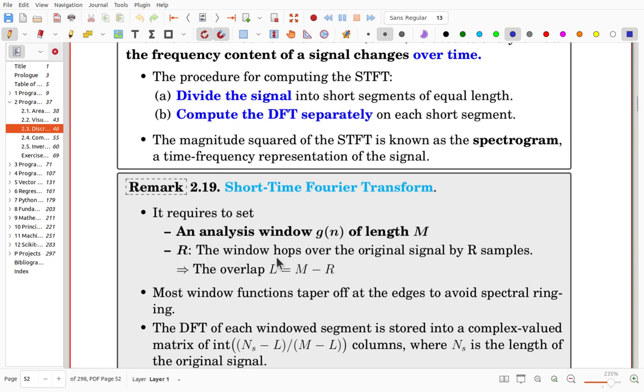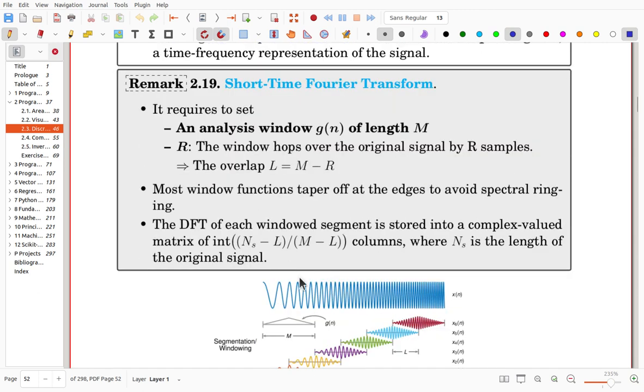The window hops over the original signal by r samples. In this case, the overlap L must be m minus r. Most window functions taper off at the edges to avoid spectral ringing. That means the magnitude of G becomes smaller toward the edges.